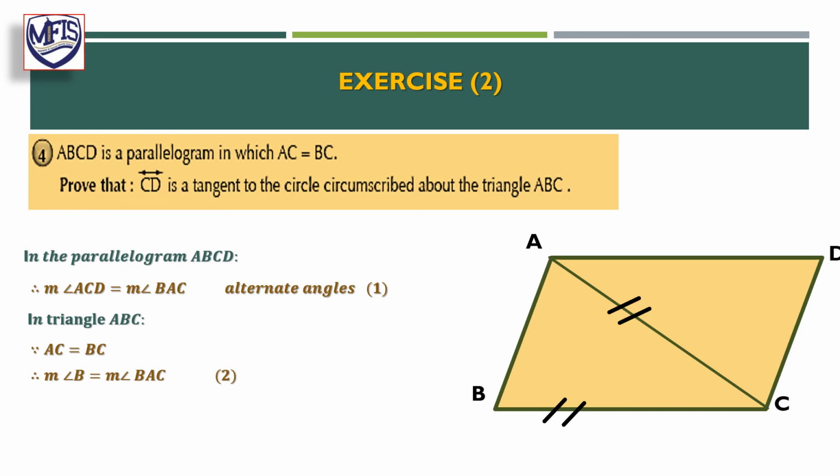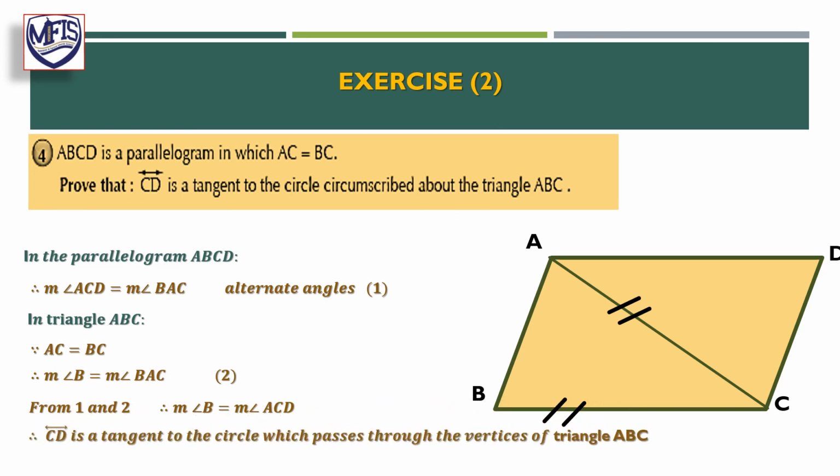This is number 2. From 1 and 2, therefore measure angle B equals measure angle ACD. Therefore CD straight line is tangent of the circle which passes through the vertices of triangle ABC.